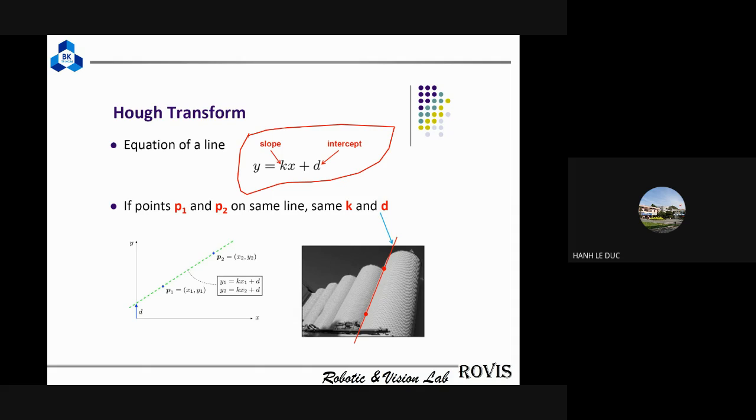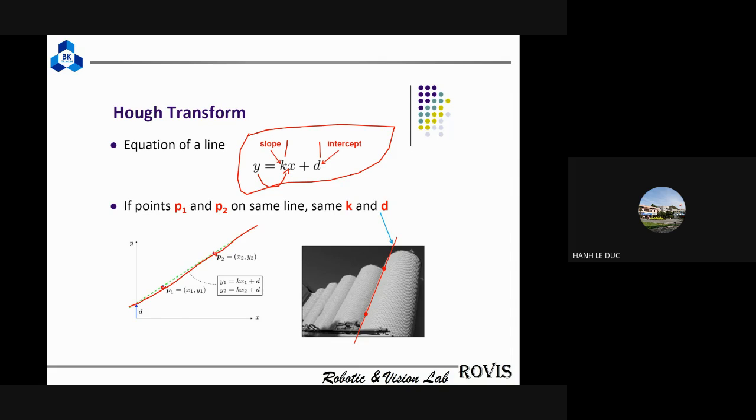If we have 2 points, P1 and P2, we will calculate the k and d, so we will have the equation of the line. Very easy.